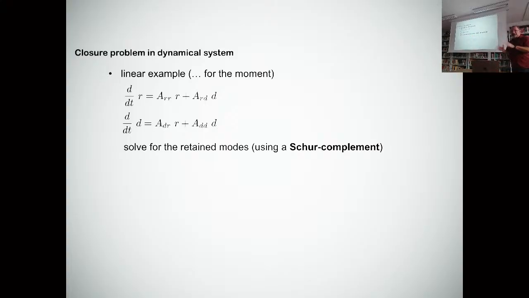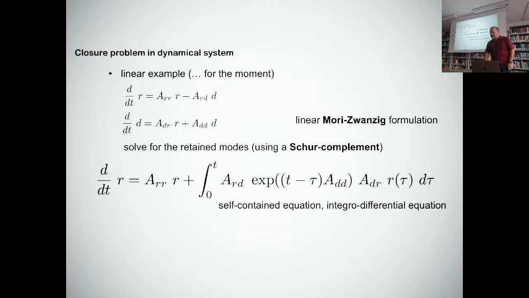Now, we can actually solve this system because it's linear for the retained modes. I can write this as an equation that only depends on R. Okay? And if you do that using a Schur complement, and this is the Mori-Zwanzig formulation, this is the equation for R. There is no D in there. Okay? There's no D in there at all.